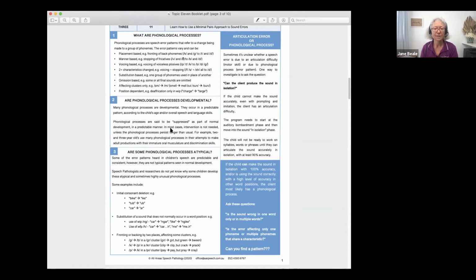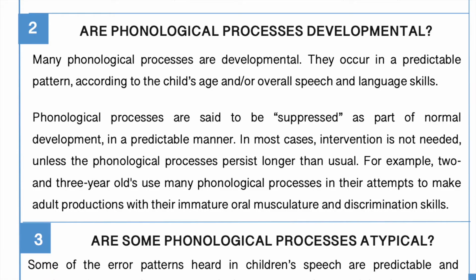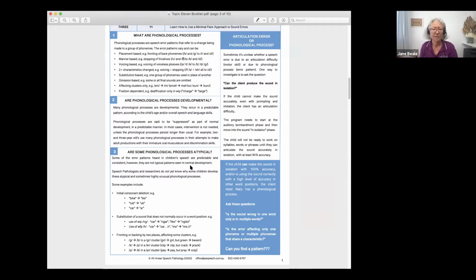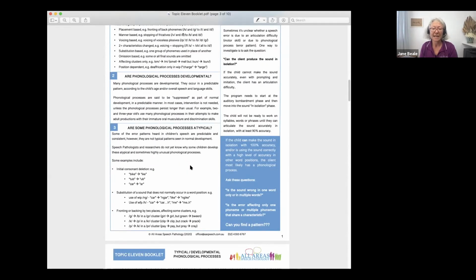Yes, phonological processes are developmental, and we use this word suppressed. So they disappear or they're suppressed. It's like they want to say it their preferred way, but that pattern gets suppressed and the correct sound comes in its place. Some phonological processes are atypical.